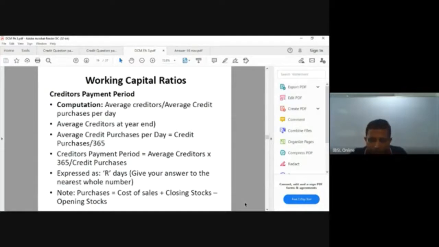Here we can say that the higher the number of days, the better it is. If you are allowed to take a higher number of days, meaning your cash is held up with you, that creditor has financed your assets.